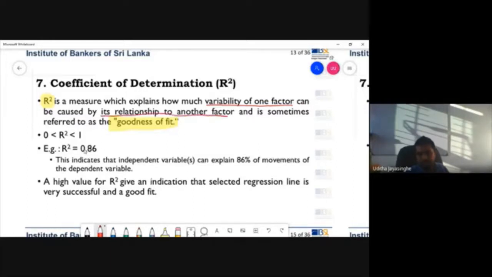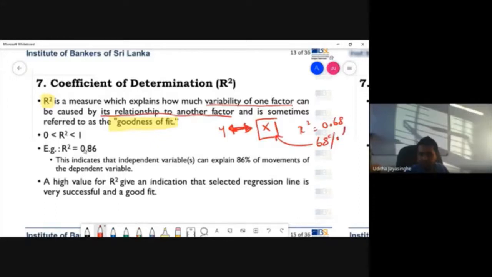Meaning, if I take just y and x, theoretically this R square is going to tell you, if for that particular graph R square is 0.68 or something, that this gives you an indication that approximately 68% of the movements of x is being reflected in the y.